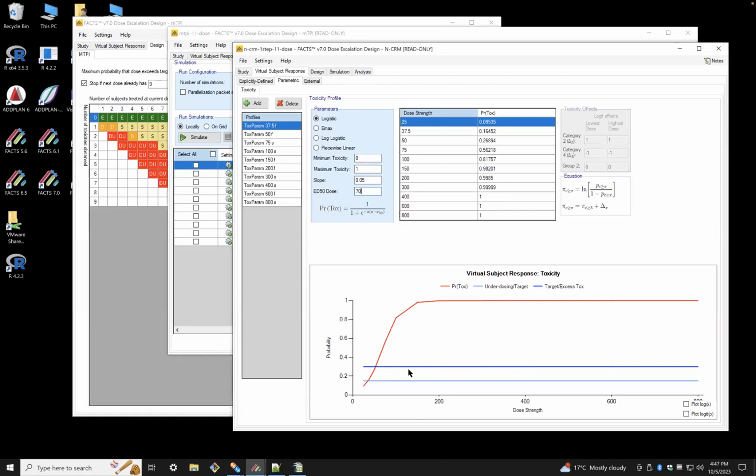Here using the actual dose strengths of the different doses. So the doses here in the N-CRM, I've actually entered the milligram value as their corresponding dose strength.